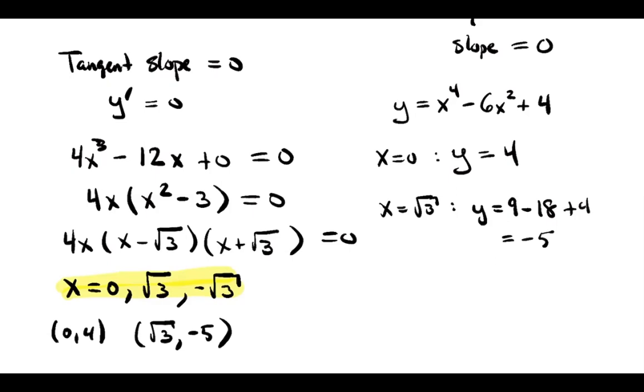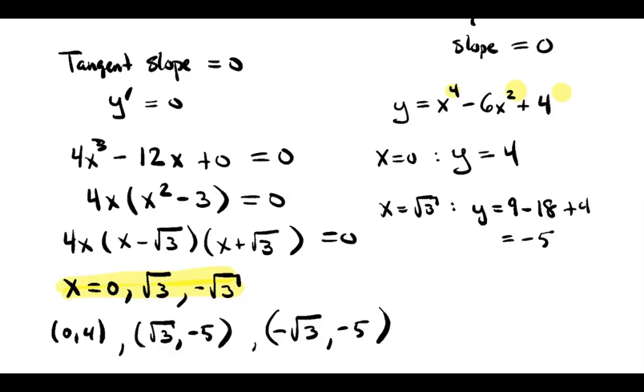And then, this function is an even function in the sense that these exponents are both even. Even this one is x to the 0. And when you plug in the opposite of a number into an even function, you're going to get the same value. So you can do this at your own speed, but I'm going to take advantage of that and say that when I plug in negative root 3, I'm also going to get negative 5. So that's the final answer to my question.